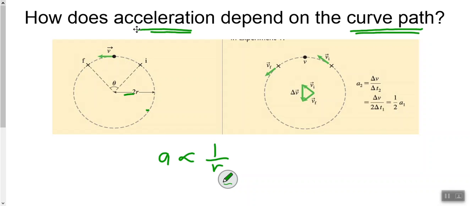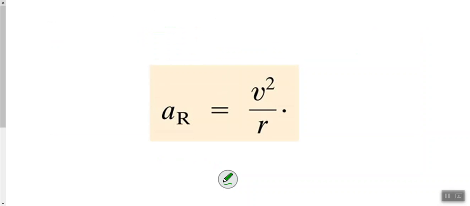From that, we can develop our equation for most objects that travel in a circular path, which represents radial acceleration: a equals v squared over r, which gives us a unit of meters per second squared. And that's it for this section.